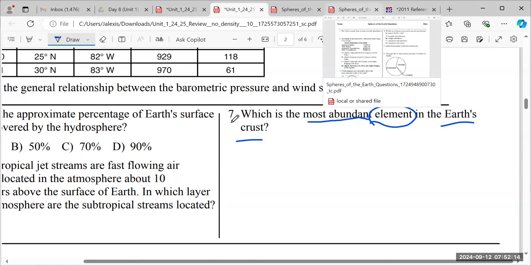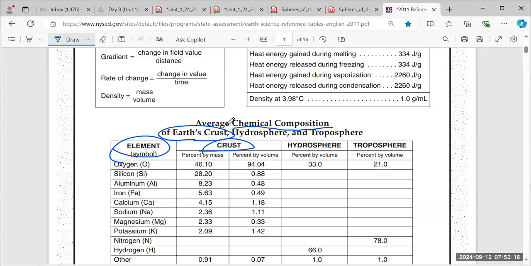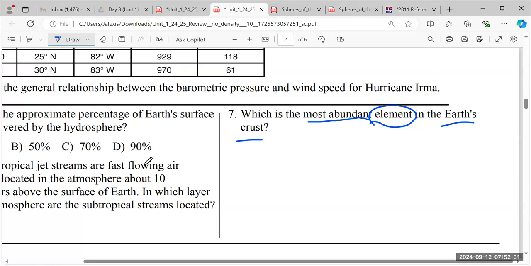So when I look at the Earth's crust, whether I go by percent by mass or by percent by volume, the element that is the most abundant, that means the most of, is going to be oxygen. So my correct answer is going to be oxygen.